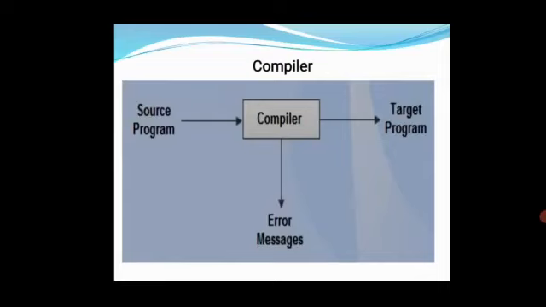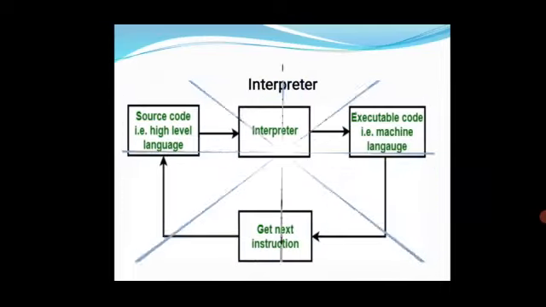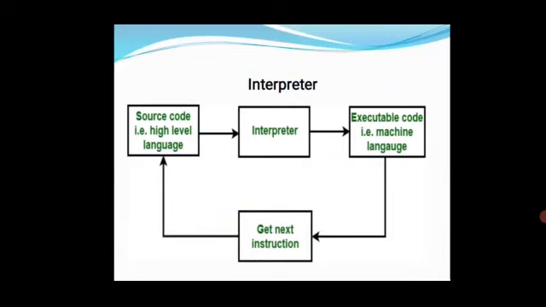But in the interpreter, if there is any error, what I said is, first it will take the first line and interpret it. If there is any error, immediately it will display it. It won't take all the lines of the coding.